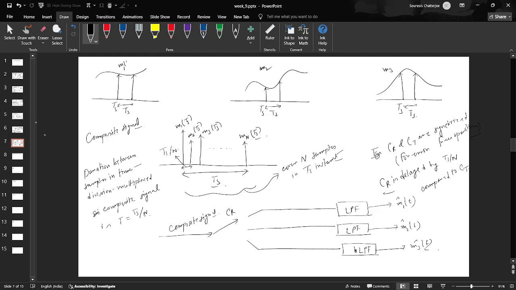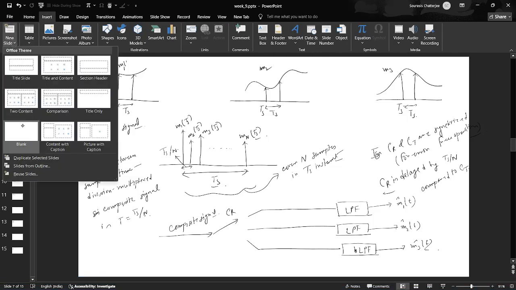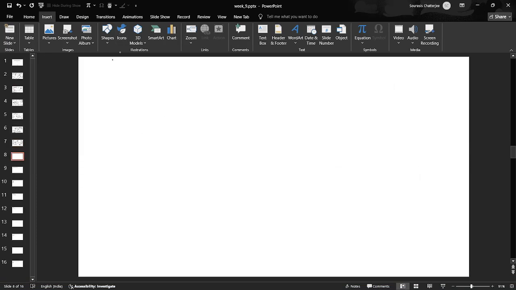So let us insert another slide here just to continue the discussion. So now the T1 system bandwidth, you can already intuitively see how it is.